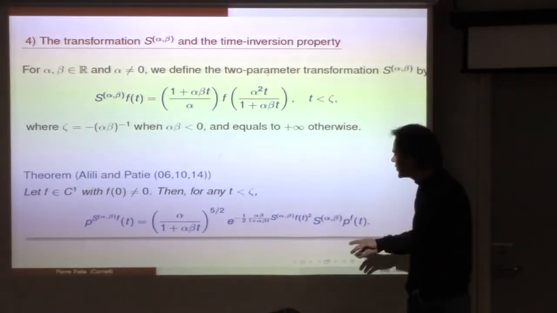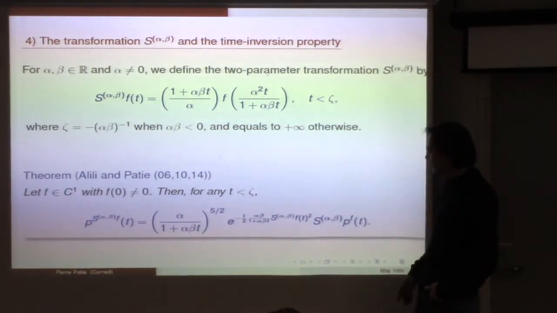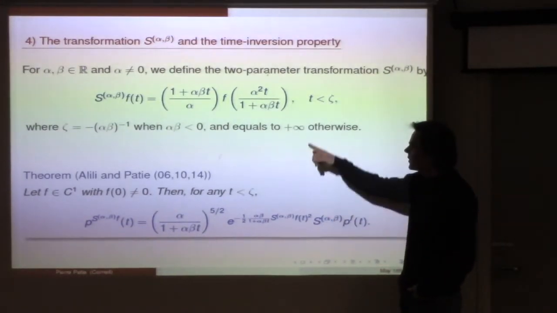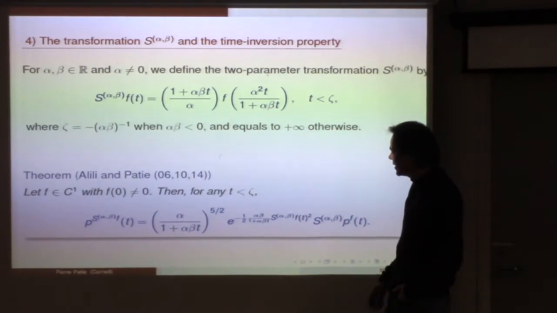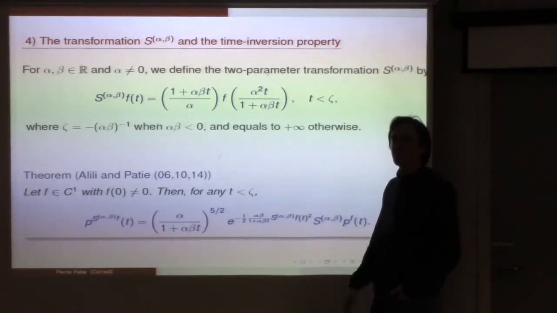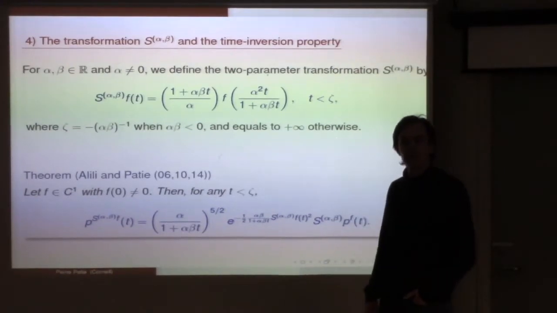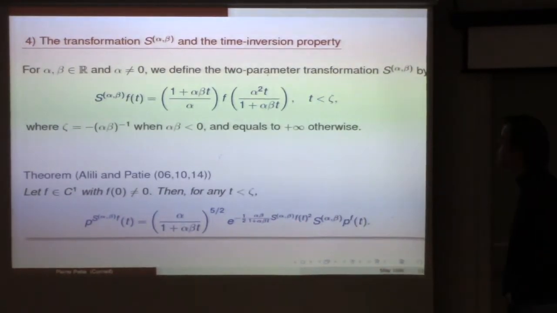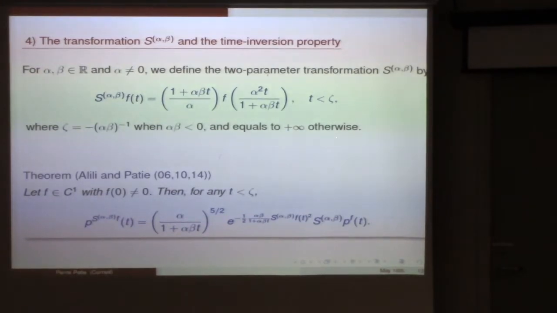And the relationship between these densities is rather simple. Here is simply the image of the density with respect to this operator here. And then we have this term which looks like it has some similarity with the heat kernel, taken at S_alpha,beta f.